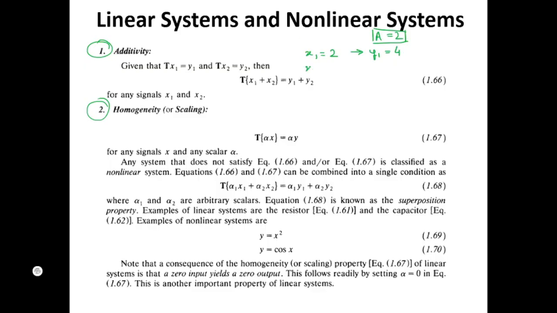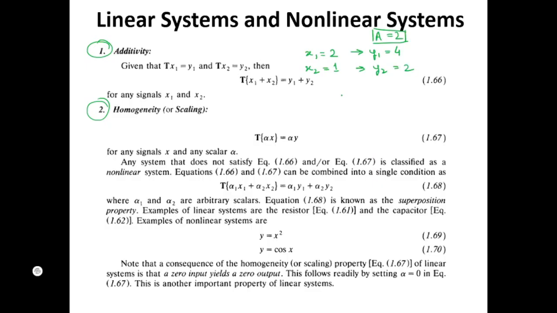Secondly, x2 equals, whatever you say, 1. So y2 would be 2.